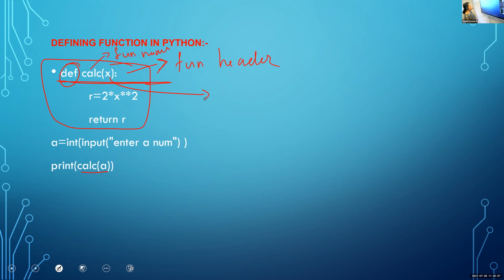Okay, Krishna? Calc is the function name. Within that function I am using X. What is the name of that X? Emmanuel? Don't know, madam. Okay, it is parameters. Parameters.